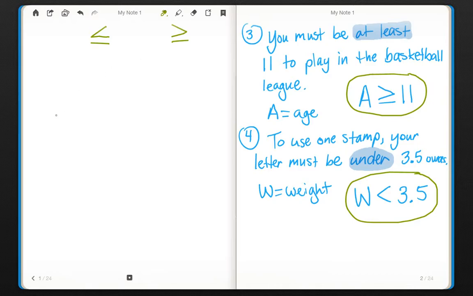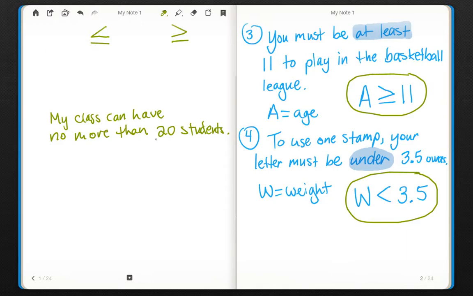So if I said, oh, maybe my class can have no more than 20 students in it. Well, so what does that mean? Does that mean that my class can have 20?